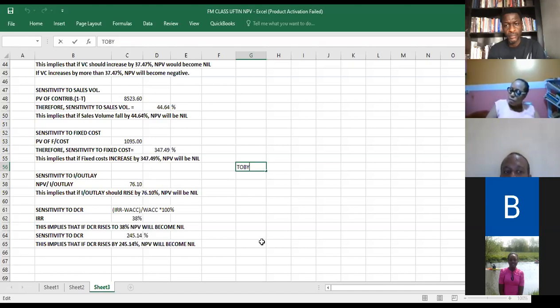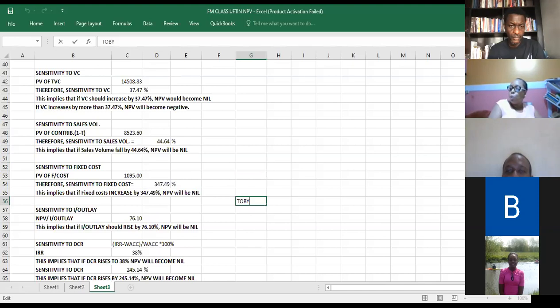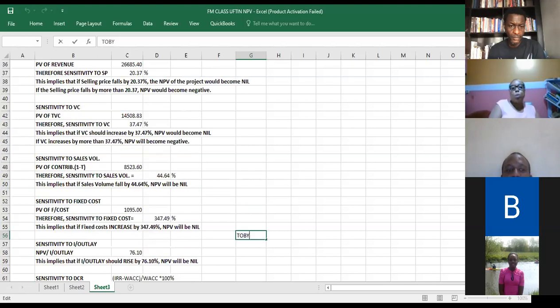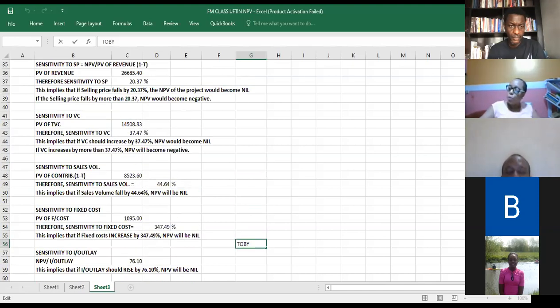Okay, so let me put all the sensitivities we've calculated. Our final question is this: to which of these factors is this project most sensitive? Is it selling price, variable cost, fixed cost, sales volume, initial outlay, or discount rate?